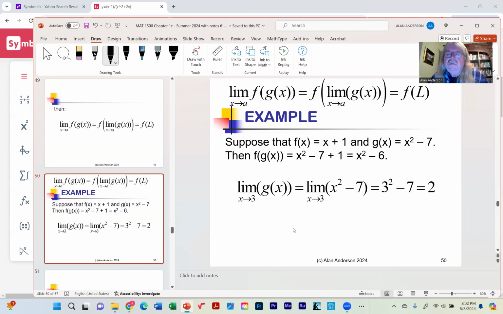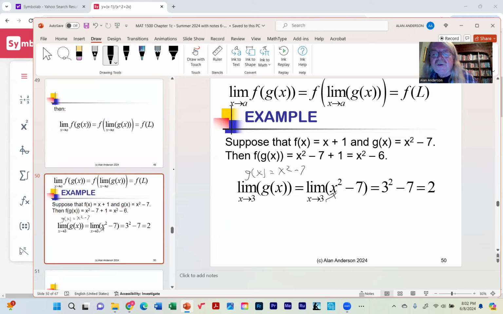What they're telling us is that the limit of g of x, just g of x by itself, as x approaches 3. Remember, g of x is right here. So I'm just basically plugging in 3 for x.